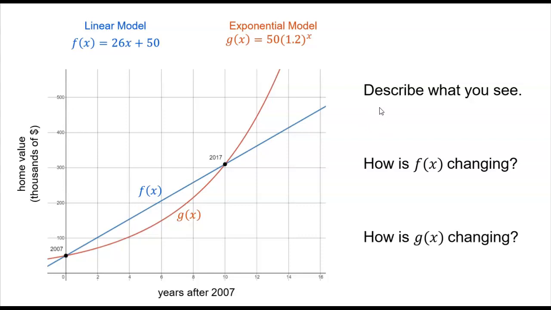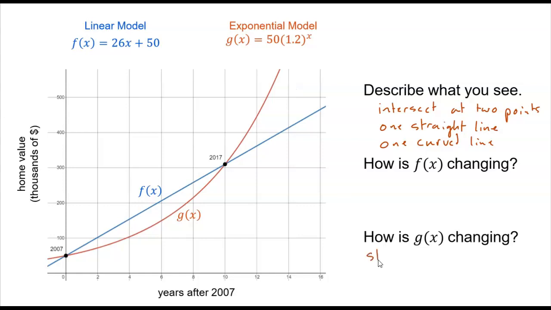Well, maybe you might notice that they intersect at 2 points. There and there. You might notice that we have one straight line and one curved line. You might notice that g of x starts out slow but grows faster as it goes on.